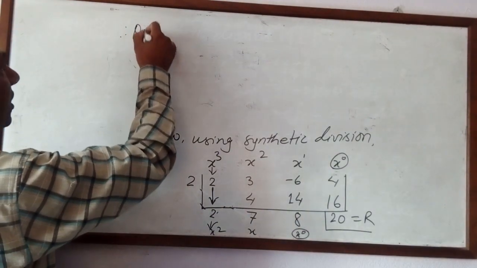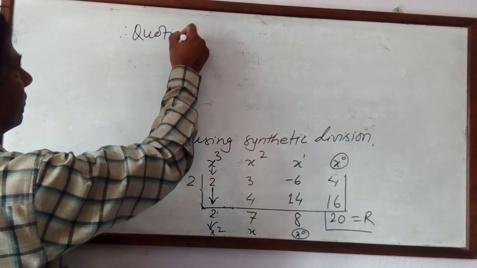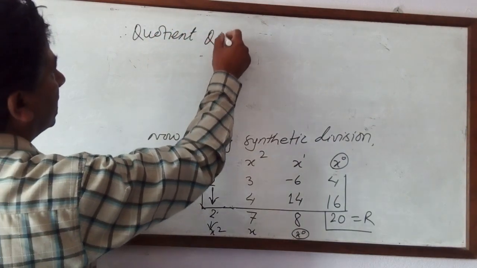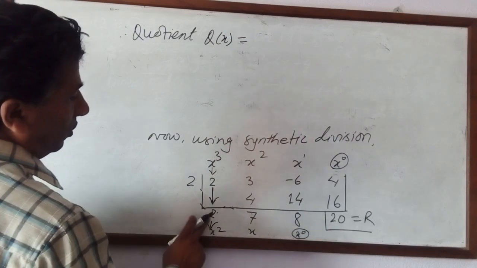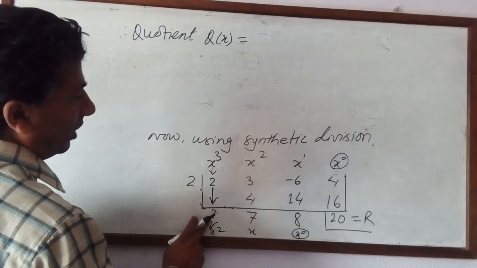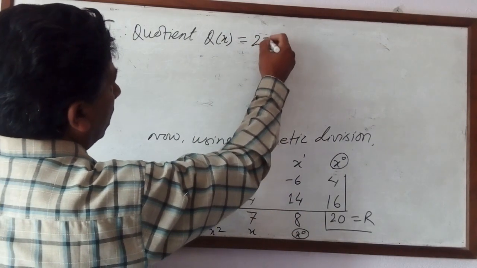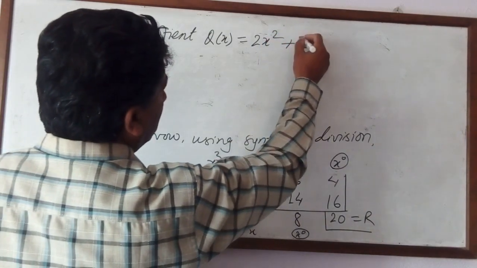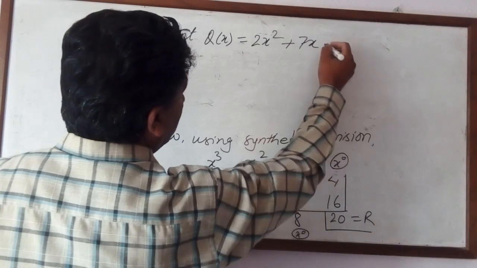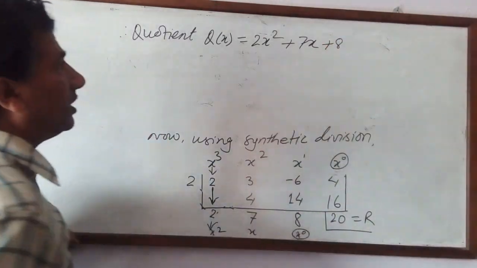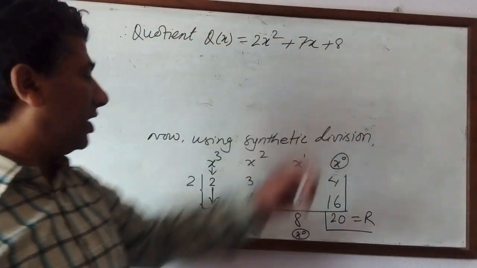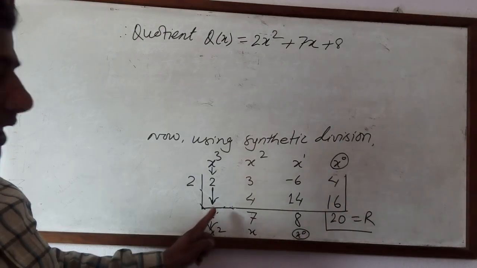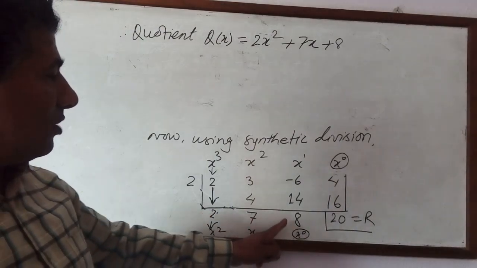Therefore, the quotient q(x) equals 2x square plus 7x plus 8.